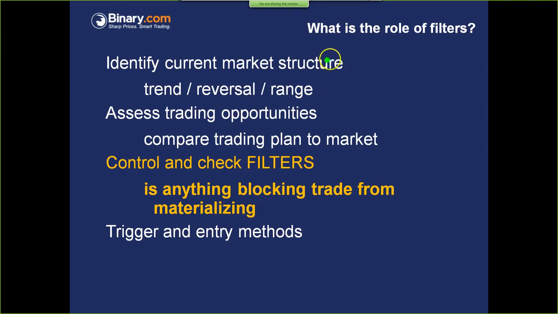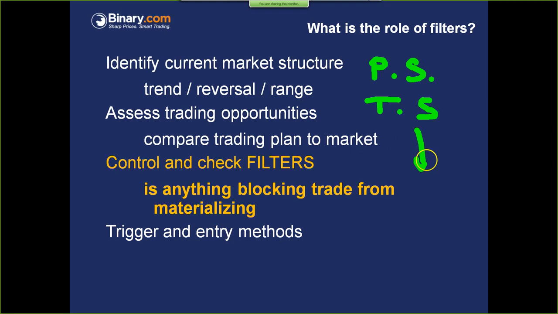So once you have identified the current market structure, it's kind of like a potential setup, if you know what I mean. Once we have a trading opportunity, we have a trade setup. But a trade setup is not a trade because we still have to check the filters.